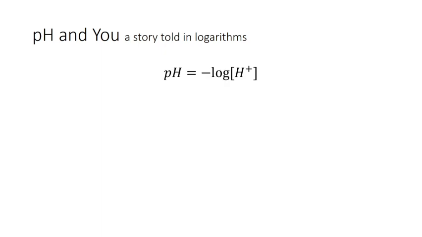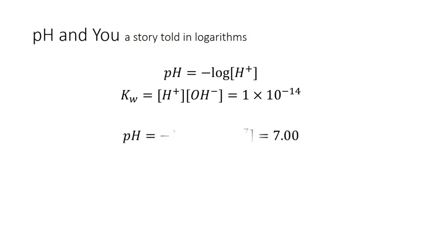So to calculate the pH, and what we're talking about when we say pH, or really p anything, right, is that we are taking the negative log of the concentration. So pH. So if we look again at our equilibrium constant for the autoionization of water here, and we have a Kw of 1 times 10 to the negative 14, right?